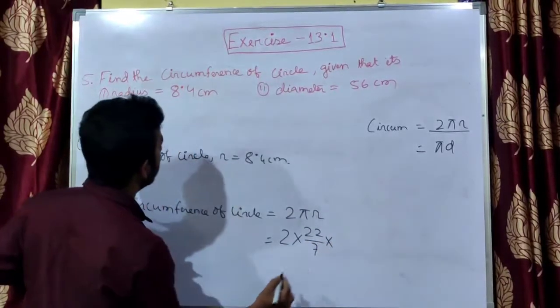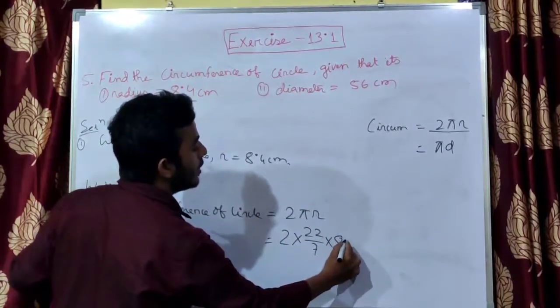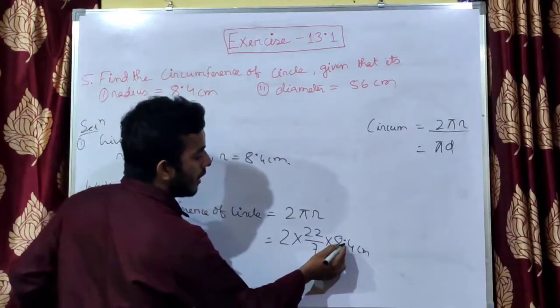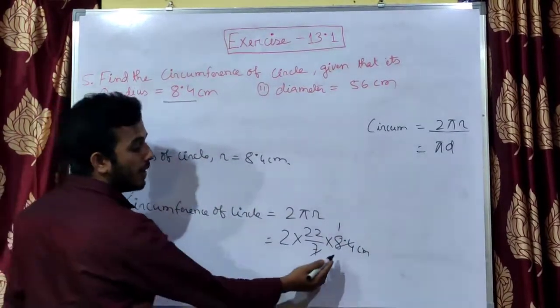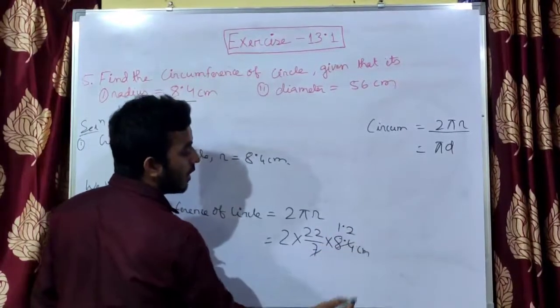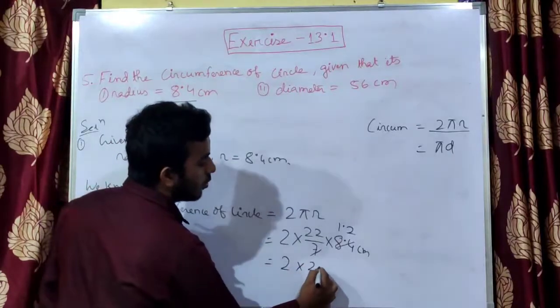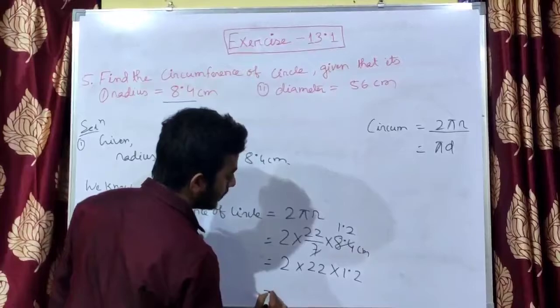In place of r, 8.4 centimeter. Now what we will do? We will cancel 8.4 with 7. So 7 into 1, 7. 1 remainder left, 1, 4. 7 into 2, 14. Right.